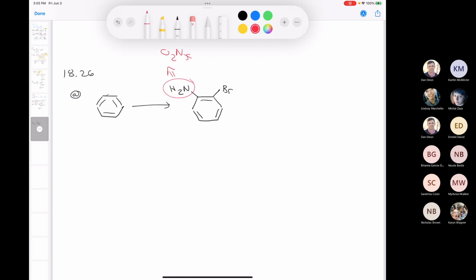So if we had an NO2 group, well, that's a meta-director, but a bromine is an ortho-para director. So let's put here, bromine ortho-para-directing, and a nitro is a meta-director.